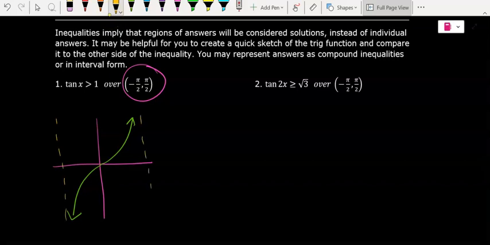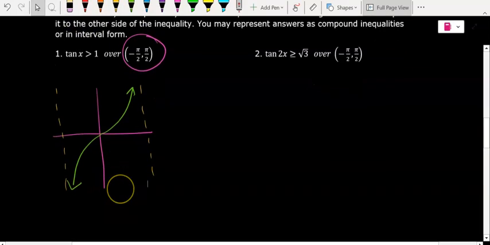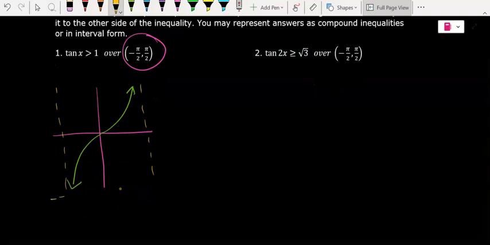I've got my asymptotes right here. And those right here would be at negative pi over 2, pi over 2. Okay? And I want to know, when is tangent going to be greater than 1? So what I've got to figure out here is, when is tangent equal to 1?